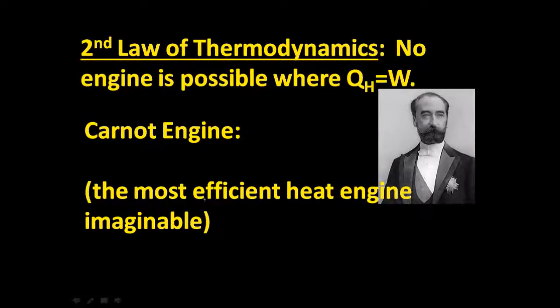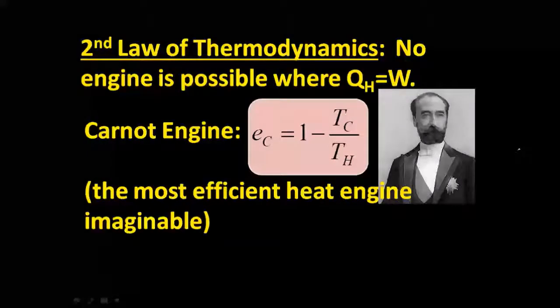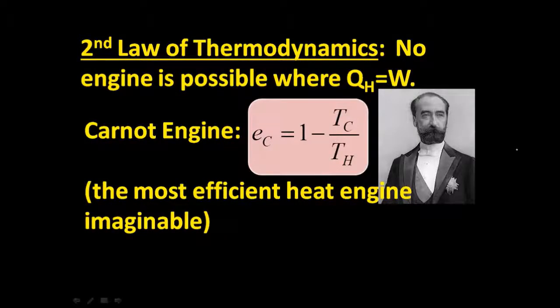In that situation, Carnot discovered that the efficiency of his engine, we call that E sub C for Carnot, is 1 minus the temperature of the output divided by the temperature of the input heat. Notice that those are not Q's, those are T's. Even in that case, the efficiency can't be 100% unless the output temperature is absolute 0.